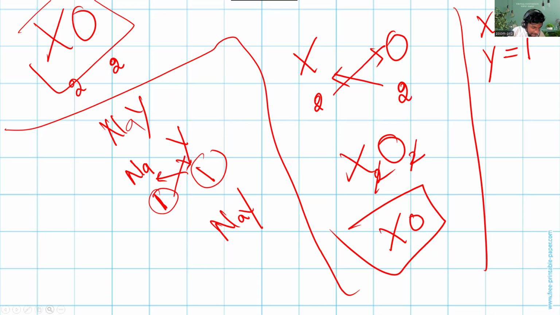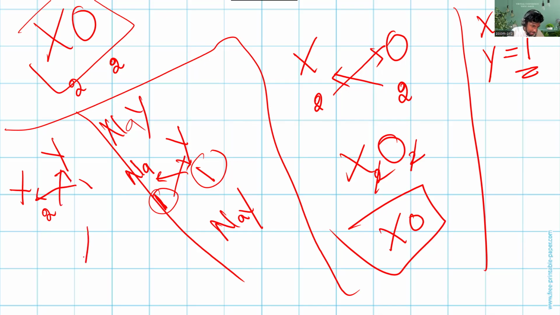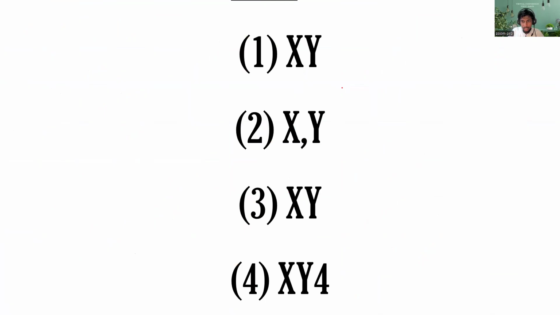So now automatically we have found the answer. From these two data, we are going to find the formula of XY. Okay, so we follow the procedure. What is the valency of the X? That is 2. What is the valency of Y? That is 1. We move 1 and 2 across, so the answer will be X1, Y2, that means XY2.